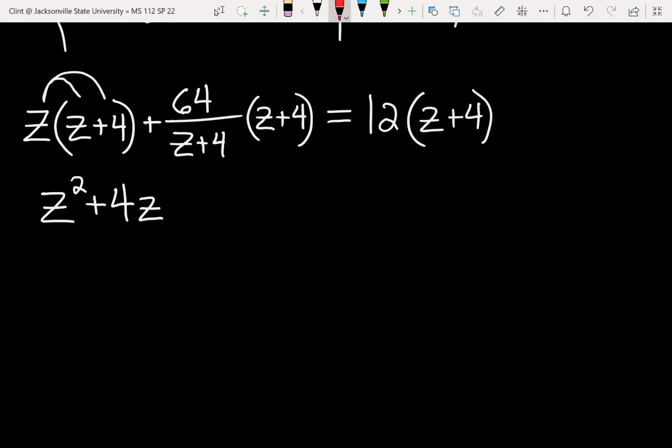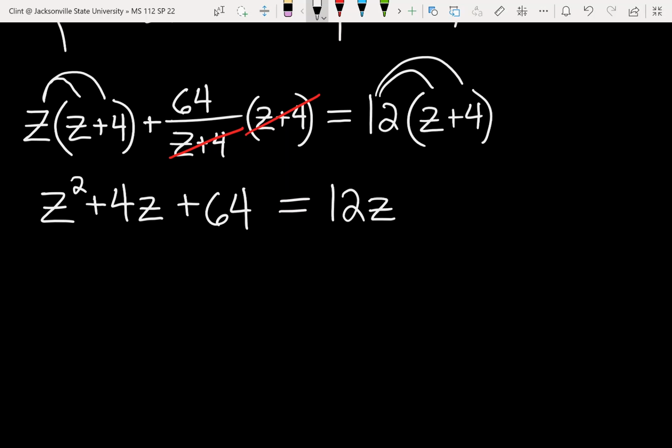And the second term, this is really what we're after. We've got z plus 4 on top, z plus 4 on the bottom, so those cancel. And for that term, we've just got plus 64 left. And on the right side, I've got to distribute a 12. So I'll get 12z plus 48.